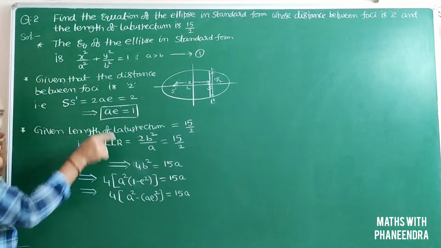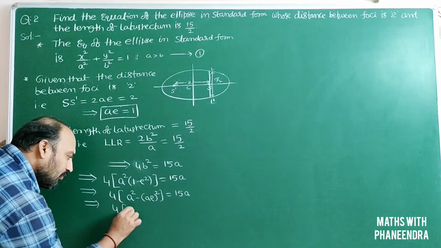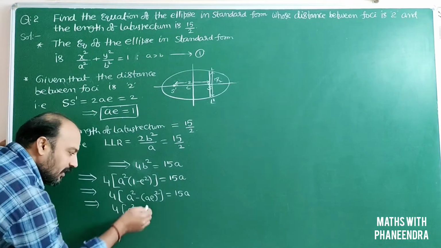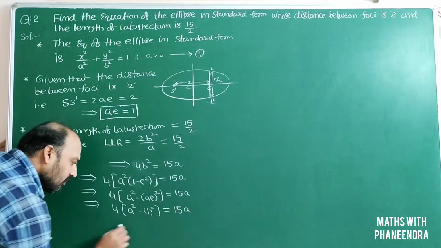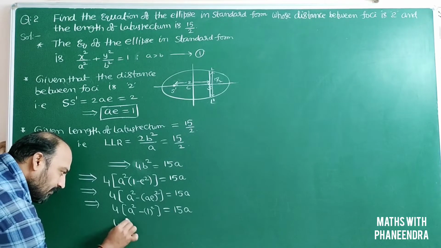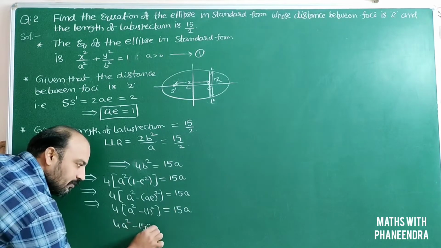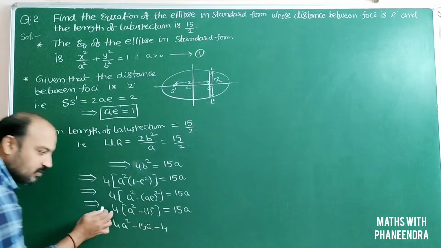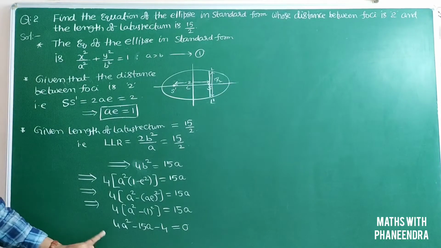So ae value 1 now, substitute here. That implies 4 into a square minus 1 square is 1. In the next step I will write it. So 4a square, this 15a we can take this side, minus 15a minus 1 into 4, minus 1 square into 4. So factorization here we need to do.